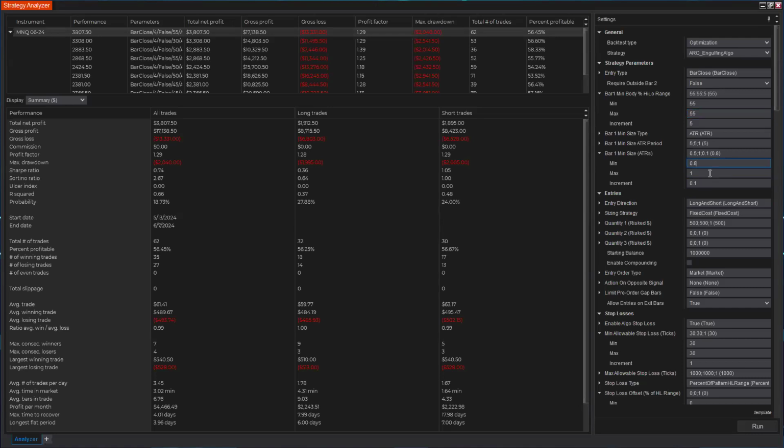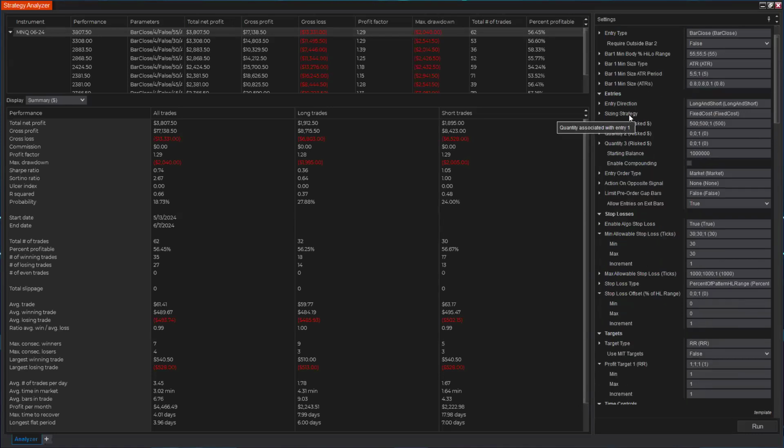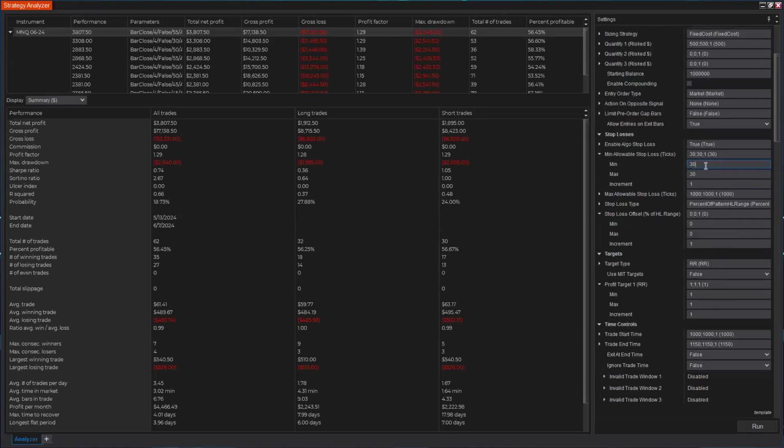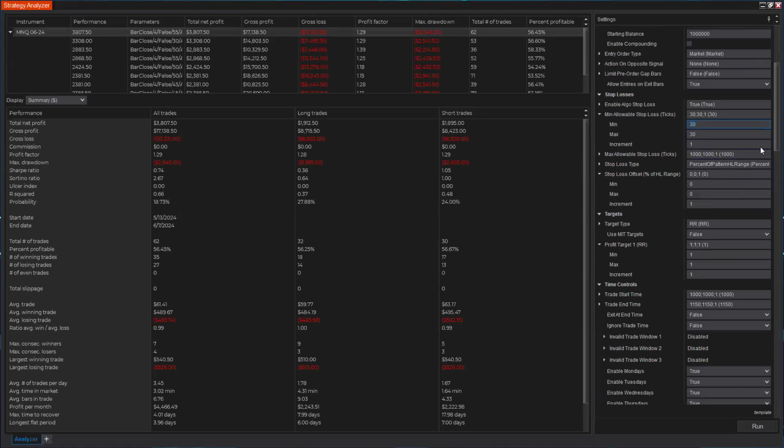Again, something that I had already optimized on this one. Not 0.08, 0.8. So we'll leave these alone, which is great. At least we've got that legwork done. And then let's look at 20 to 30. I just want to see if it makes a big difference on minimum allowable.